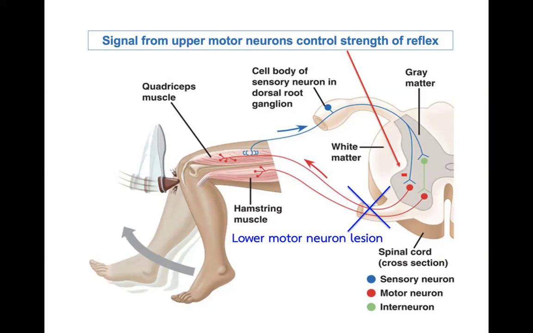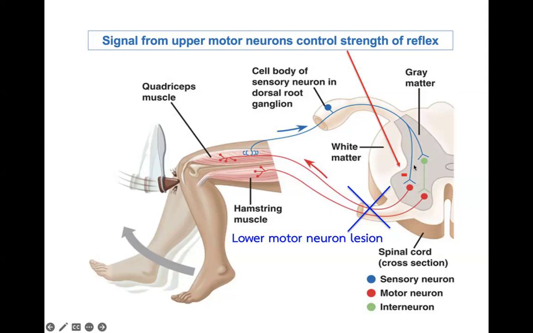So even though the brain doesn't command when a reflex occurs, it also helps control the strength of the reflex. Usually most of the signals that come from the brain to the reflex will inhibit the strength of the reflex. That means it regulates the reflex so it does not happen too strongly.